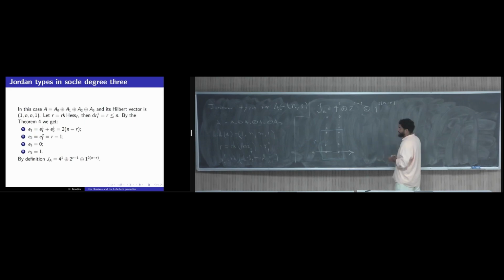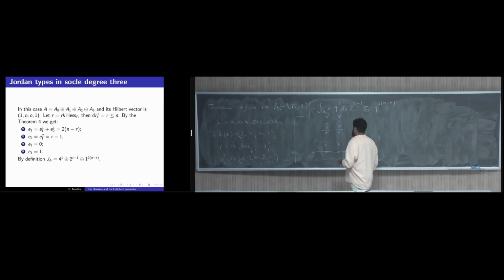But in fact, we have only r minus 1 of length 4, r minus 1 of length 2, and all the others must have length 1.